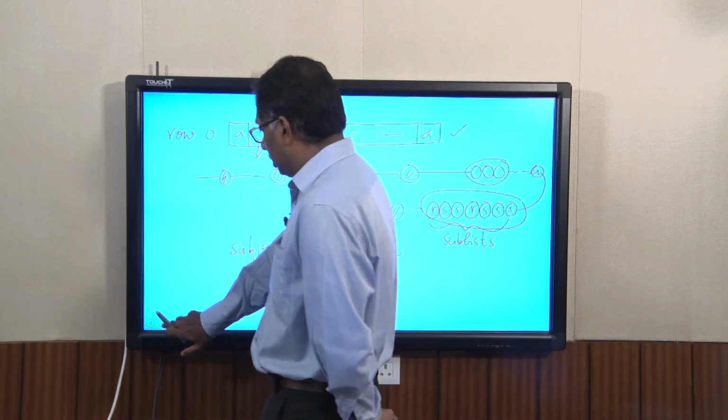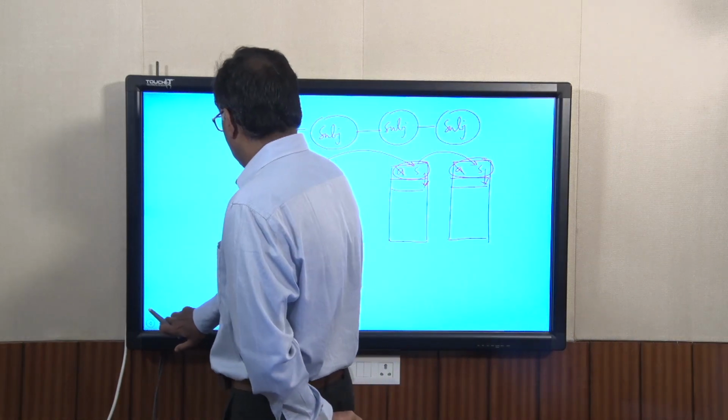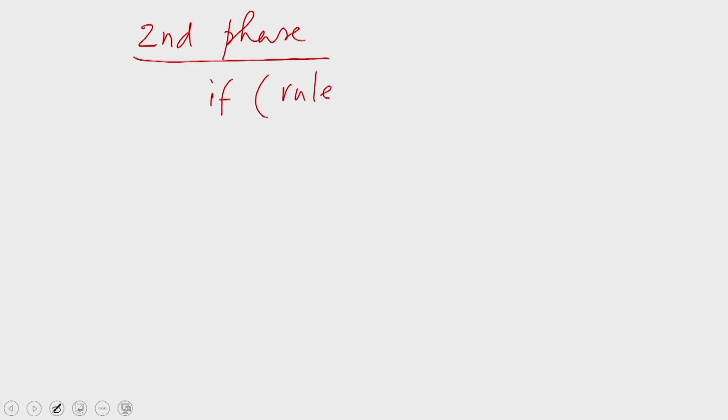So, in the second phase of the algorithm, in the second iteration, we have to consider every single ruler. So, every node checks whether it is a ruler. If the node is a ruler, then it must have a subject.